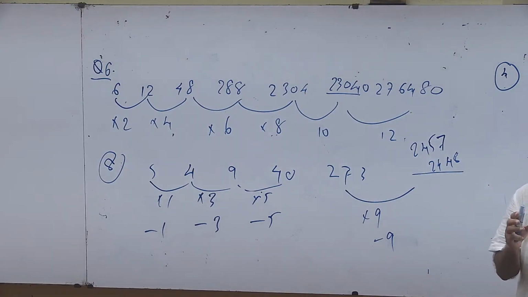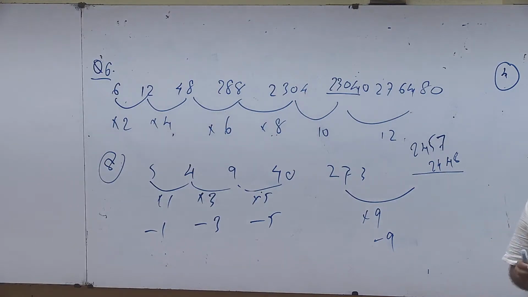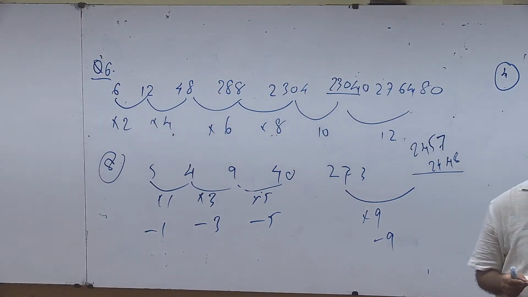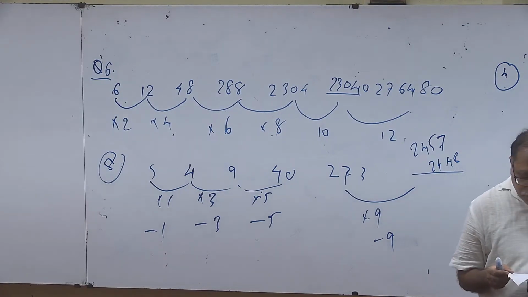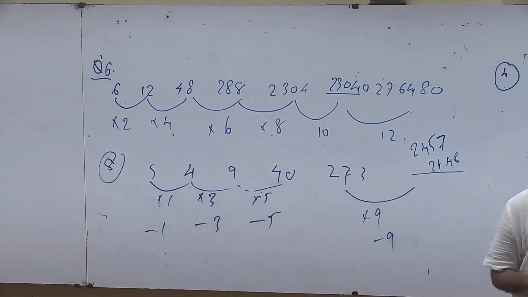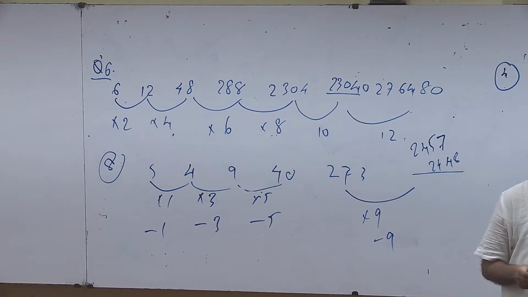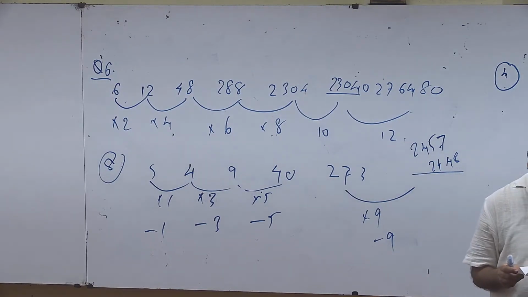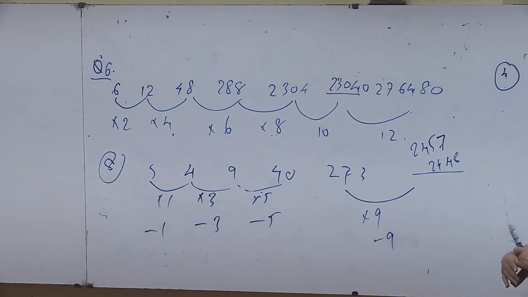So go for 388 divided by 2, that is 194, and plus 9, how much? 203. Option 3. Now question 10.